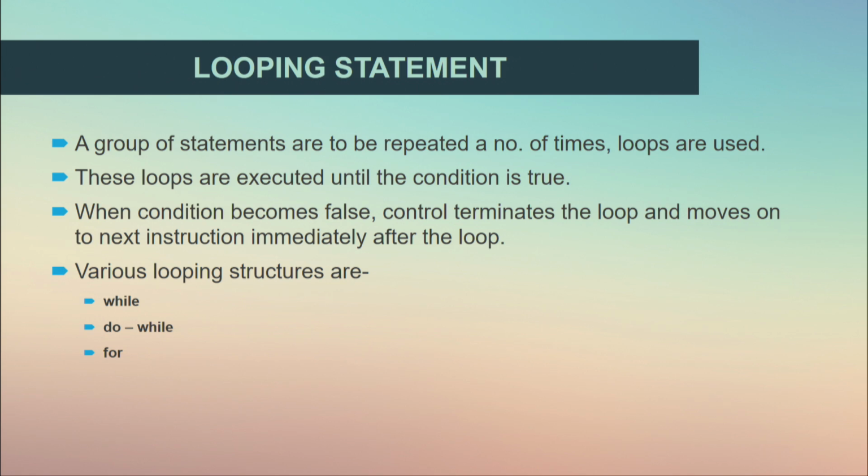We have already learnt in the previous session that the looping statements are the statements which are used for executing a set of statements repeatedly. If we want to execute a set of statements n number of times, we can go for executing the looping statements. There are three types of loops: while loop, do while loop and for loop.